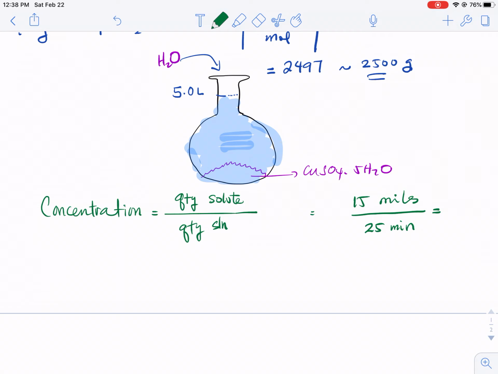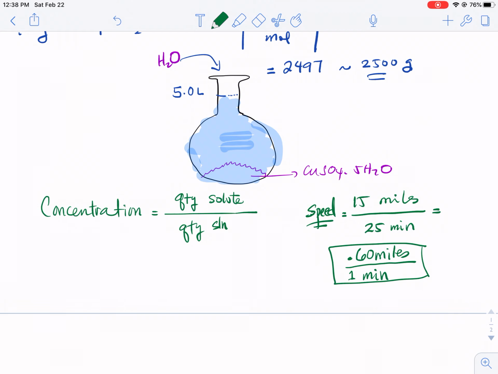So if you were to divide your miles by the time in minutes, you're going to get a quantity that's called speed. So 15 divided by 25 is equivalent to 0.6 miles. Let's put 0.60 miles for every minute. So rather than saying that you cover 15 miles in 25 minutes, we typically go with 0.6 miles for every 1 minute. So that becomes your speed.